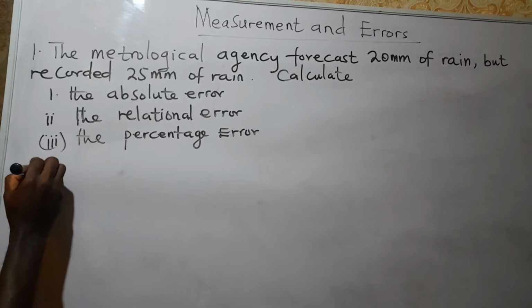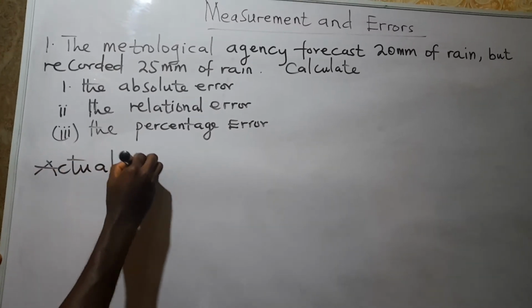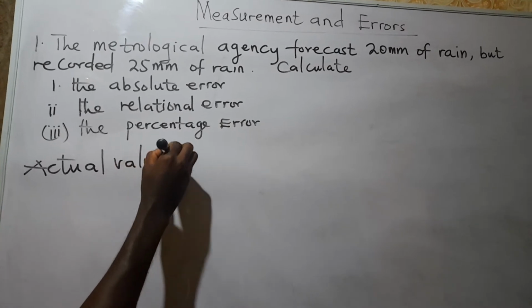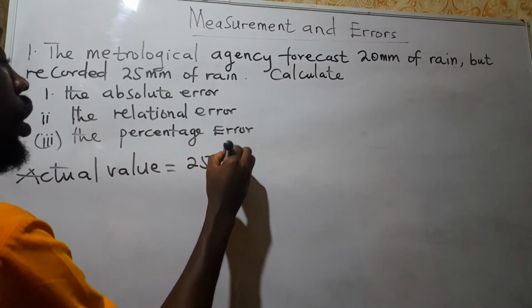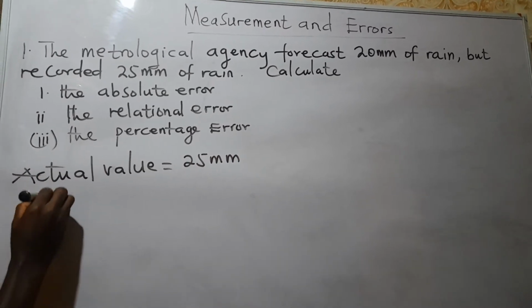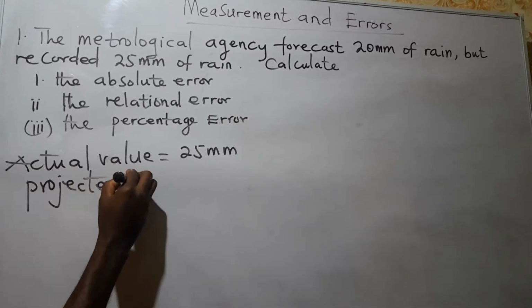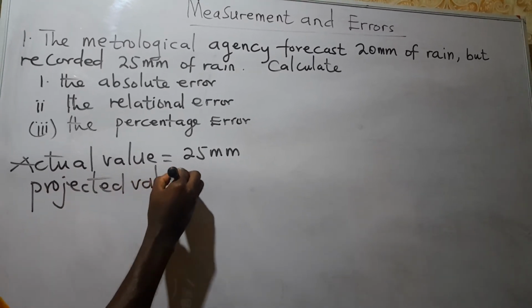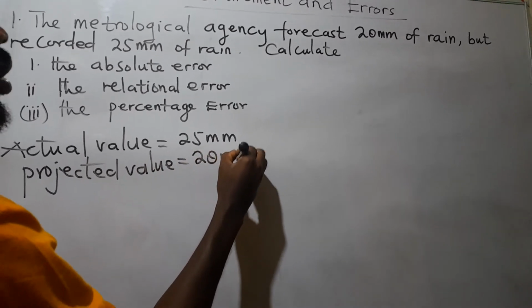So the actual rain that fell, the actual value, is 25 millimeters of rain. But they forecasted, so we can say projected value, which is the same as measured. So the projected value is equal to 20 millimeters.